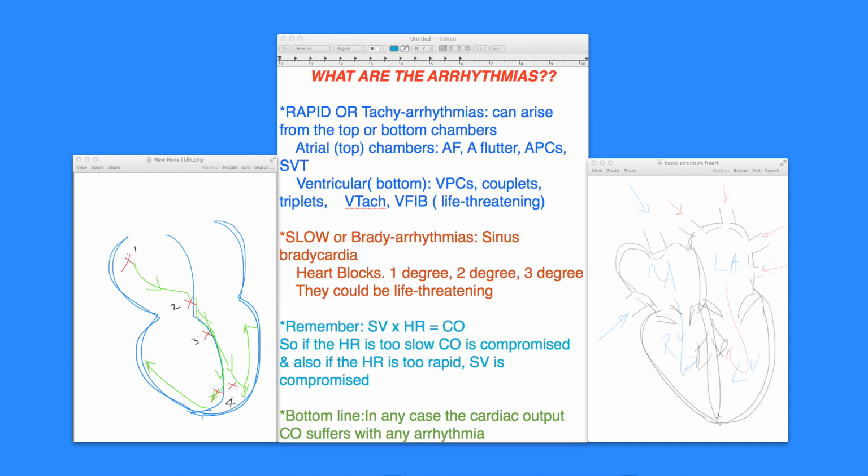It's a very concerted way of nature's contraction and relaxation going on within the heart. So a forward flow is maintained from right upper to right lower and left upper to left lower chambers.